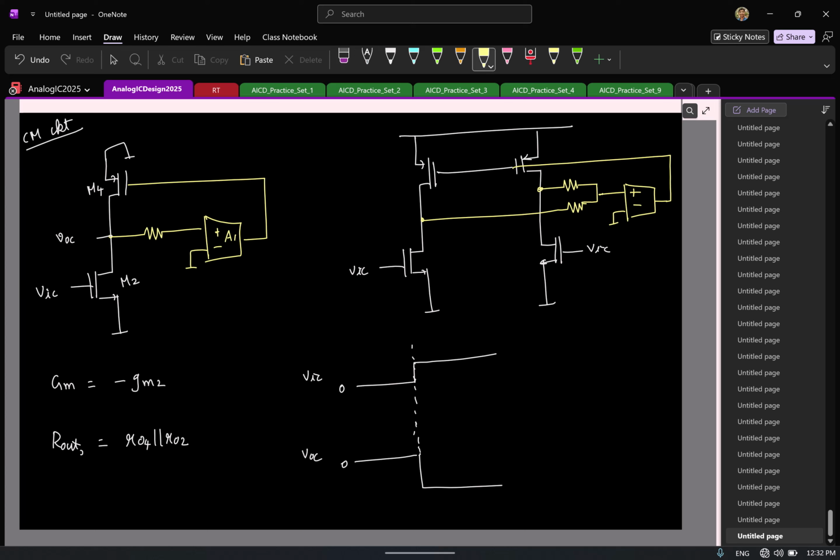R out has become, from this value, roughly 1 by A1 times GM4. Which means the moment I add a common mode feedback, earlier, without the CMFB, the small signal output common mode went from 0 to this large value, minus GM2 times R02 parallel R04.